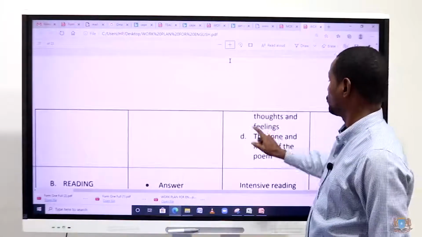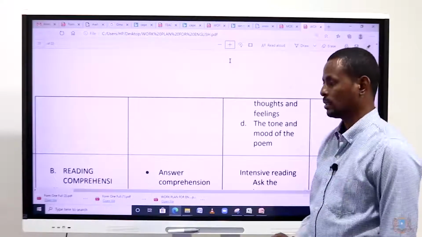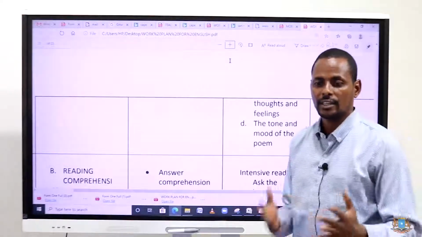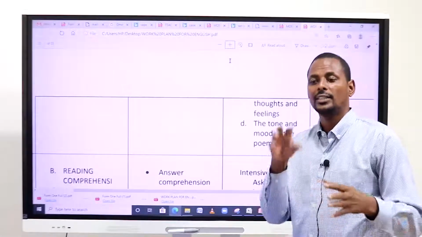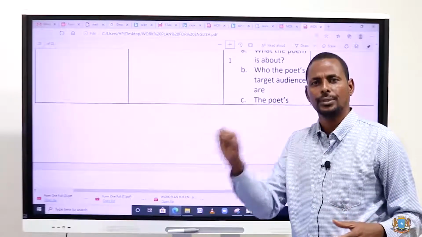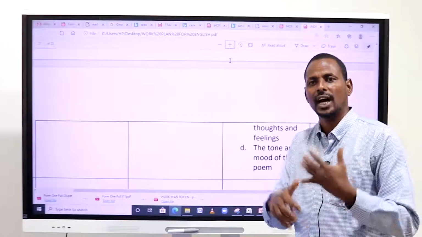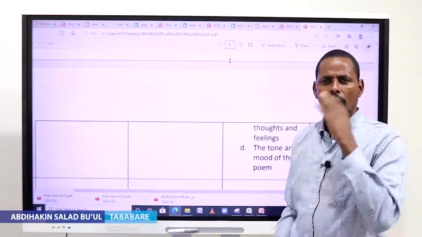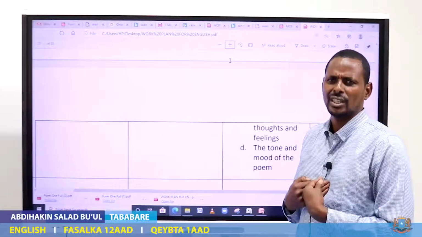Another one asks them to discuss the poet's thoughts and feelings. How does he feel? Now, to understand the feelings of the poet, look at the use of words, especially those verbs. Is he feeling sad, melancholic, happy, ecstatic, depressed?